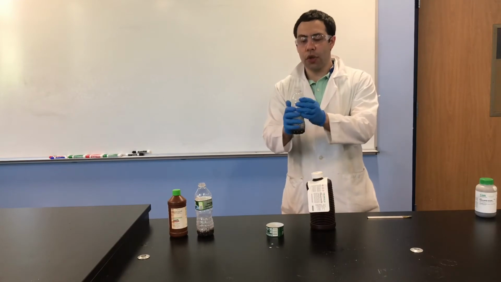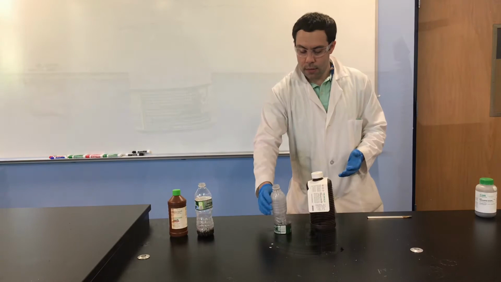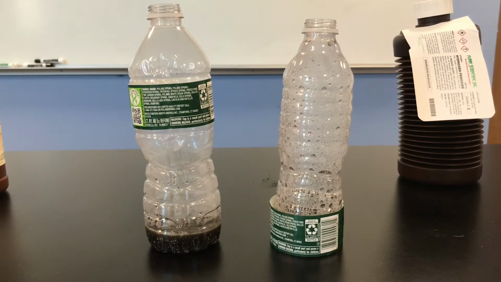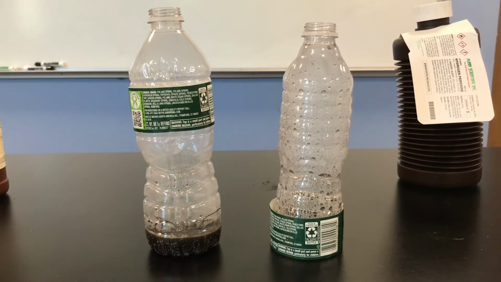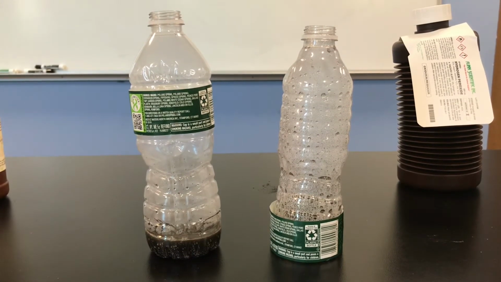To the touch, the water bottle is hot. As you can see, the water bottle on the left, which contains the 3% hydrogen peroxide, looks normal, whereas the water bottle on the right, which contains the 30% hydrogen peroxide, has shrunk.